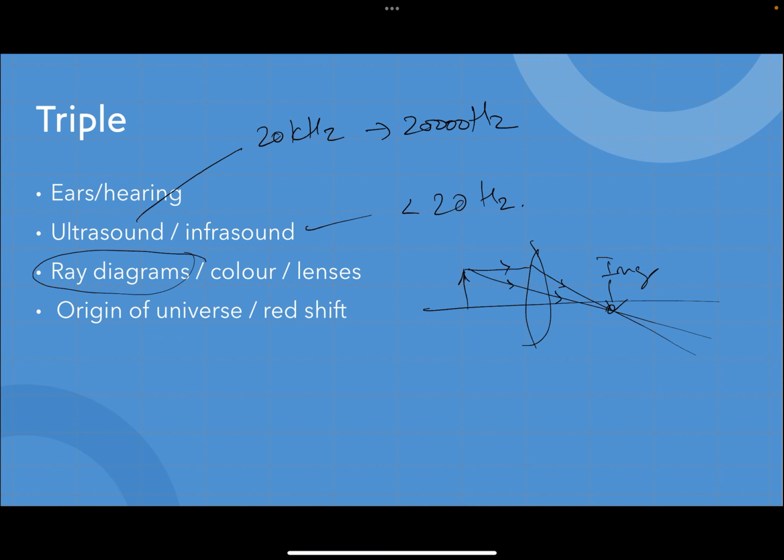And I think this is just a hint, just an inkling that you may get a 6 marker on history of the universe, Big Bang theory, and make sure you know what redshift is. And redshift is used as an evidence for a Big Bang theory.